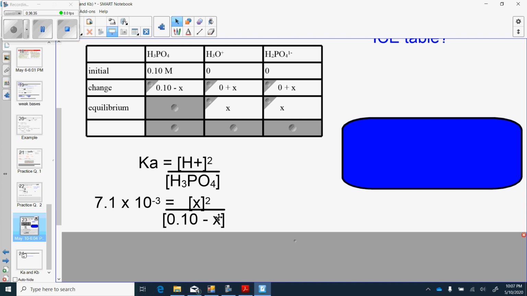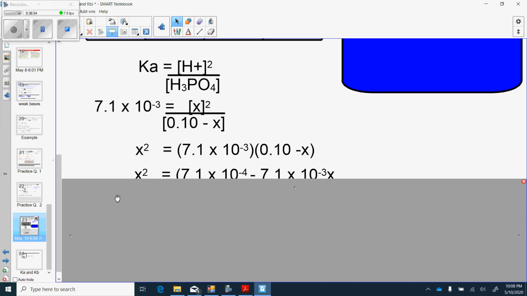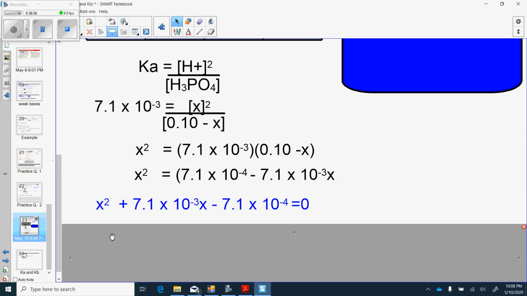We're going to make enough ions that they will affect the overall amount at equilibrium for our acid. So we're going to leave that in. And when we start calculating, this is what we find. So we get that quadratic equation when we have to leave the -X in.